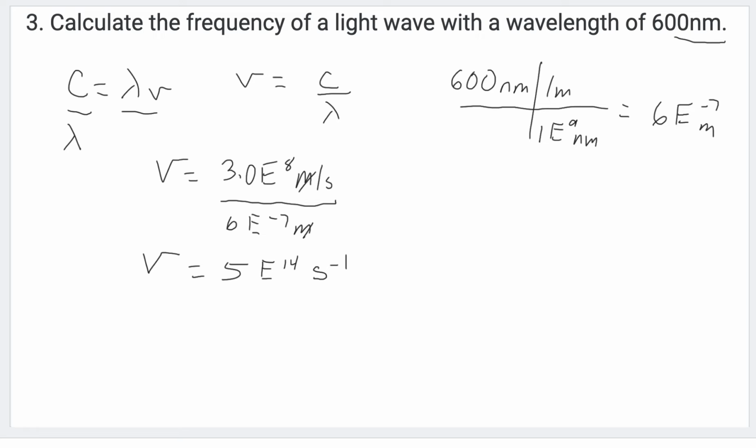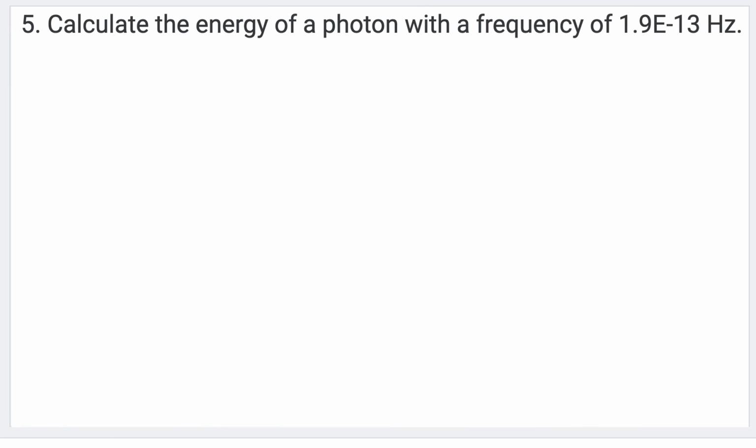Let's do number 5. Okay, so number 5, calculate the energy of a photon. Well, there's a formula that the energy of a photon, E, equals Planck's constant times frequency. So energy equals Planck's constant, and that's 6.62 e to the negative 34 joules times seconds.